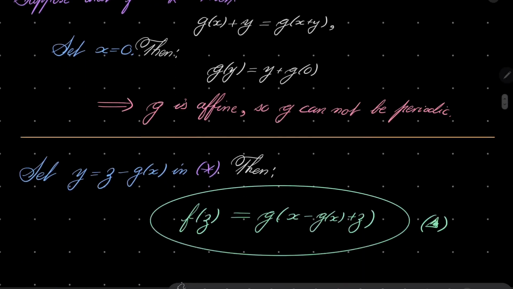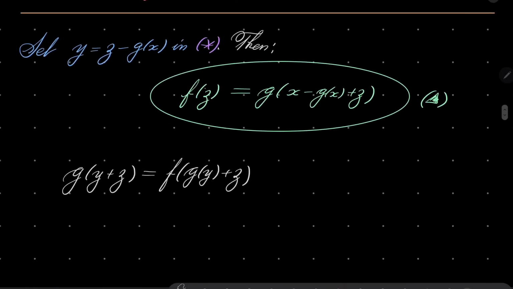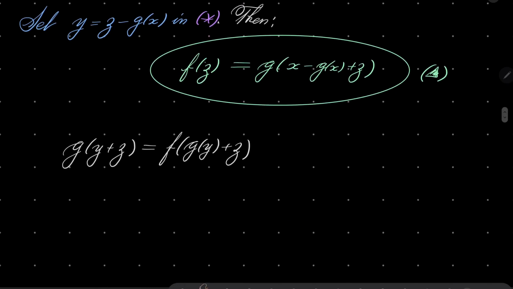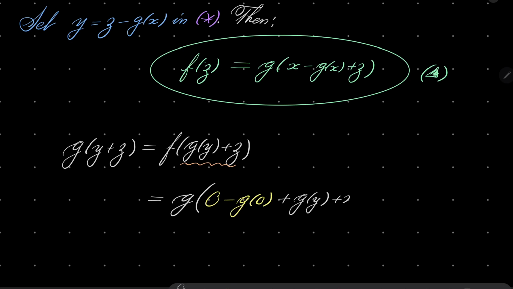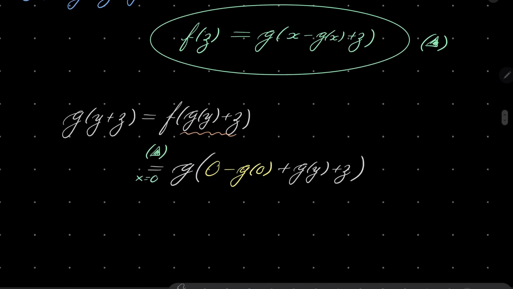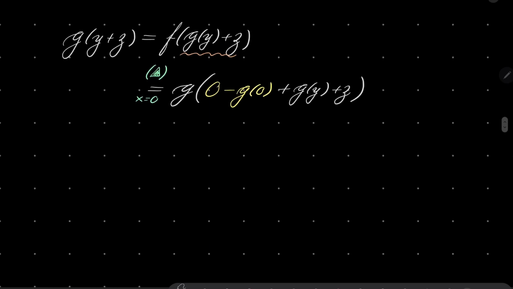So now we will use our condition triangle, because we have an argument of the form f of something. F of something can be replaced by g of, for example, 0, minus g(0 + our argument). I'm using condition triangle here with x equals 0.